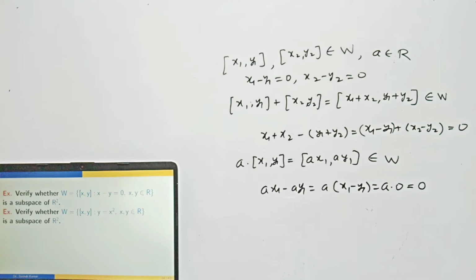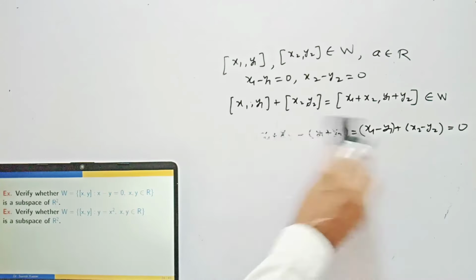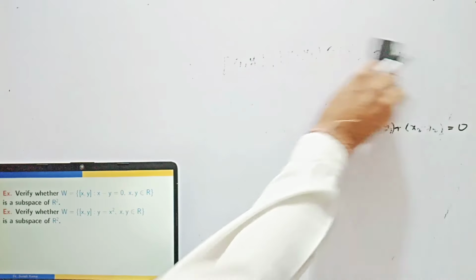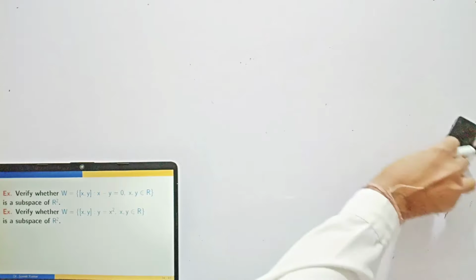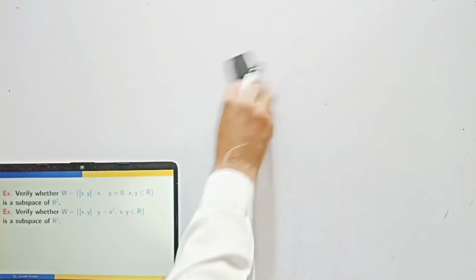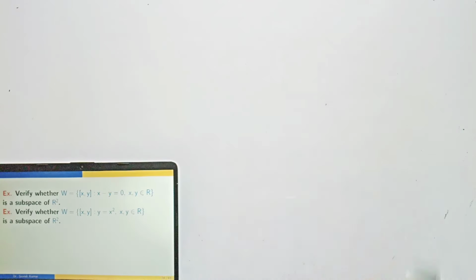Next example, verify whether the W which carries the ordered pairs where the second entry is the square of the first entry, y equal to x square, is a subspace of R2. You need to verify only two properties. If any of the properties fail, then it is not a subspace.